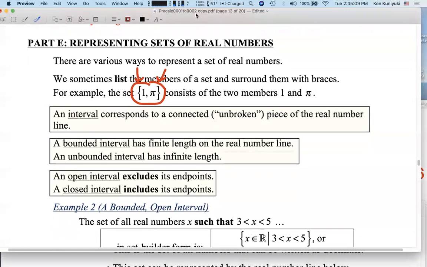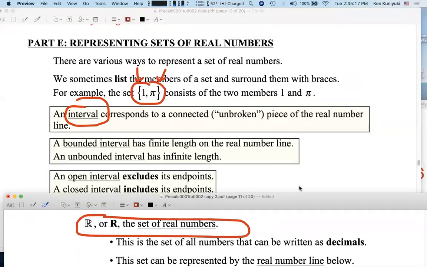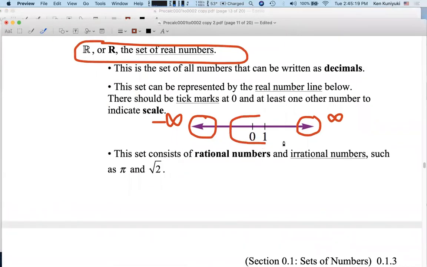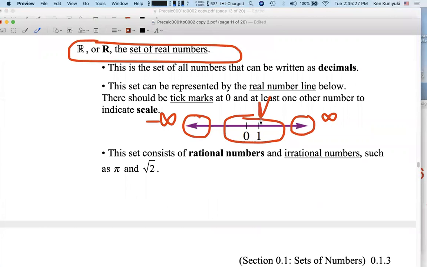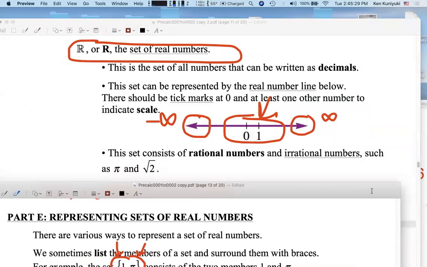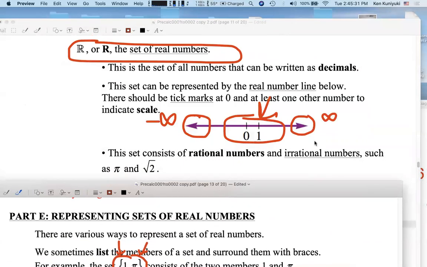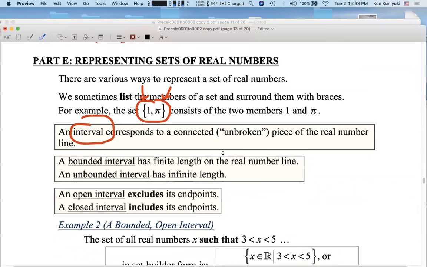However, we often want to deal with intervals on the real number line. An interval corresponds to a connected or unbroken piece of the real number line. A bounded interval, such as this one here, has finite length on the real number line.